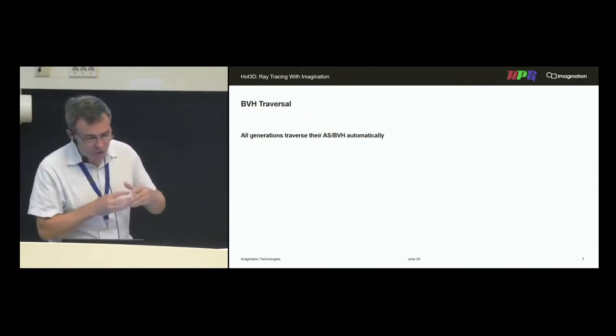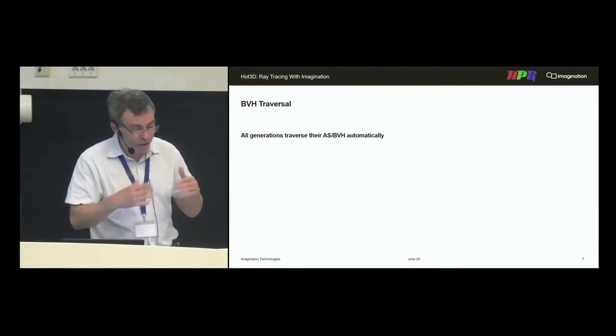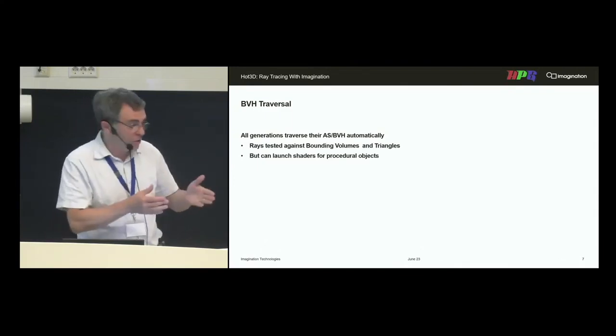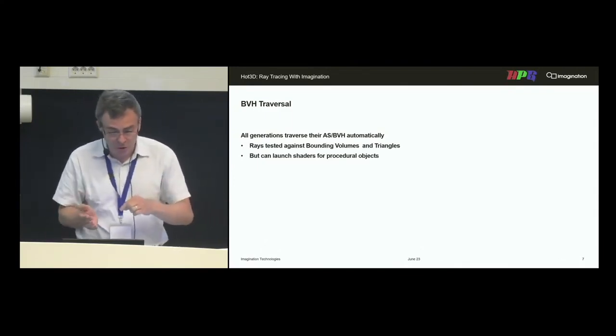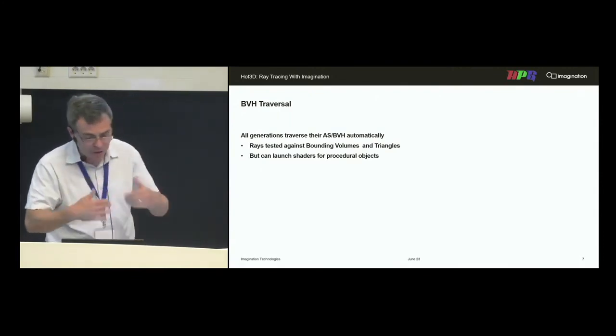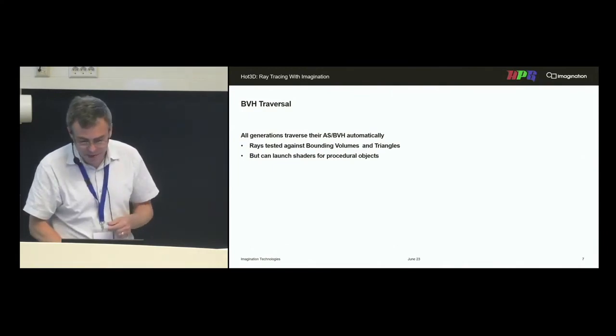Now the BVH traversal, so all the generations basically traverse their acceleration structure automatically. So the rays were tested against bounding volumes and triangles, or you could also launch procedural operations if you got to an enclosed bounding volume that's marked that way.